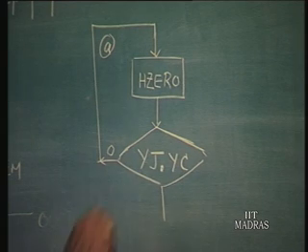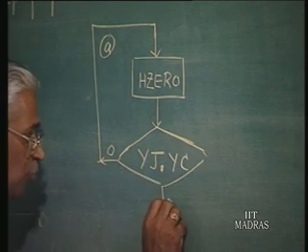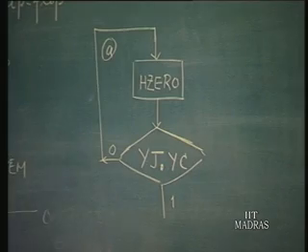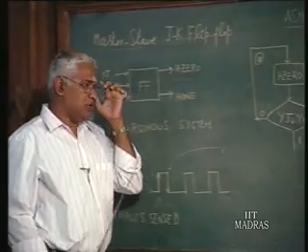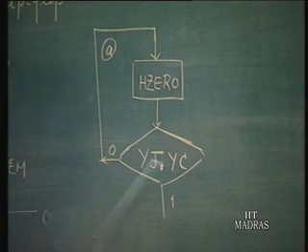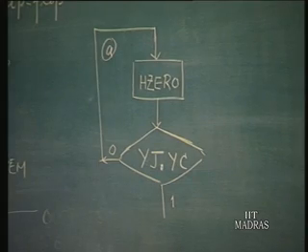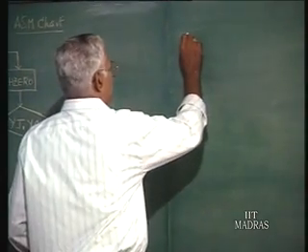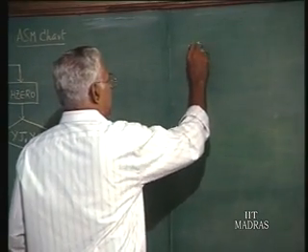Now, when Yj and Yc becomes 1, okay, actually you can see we have not talked about this kind of combination earlier. This is a logical AND combination of two inputs. This means both Yj and Yc are 1. I will explain for those who would like to see that.